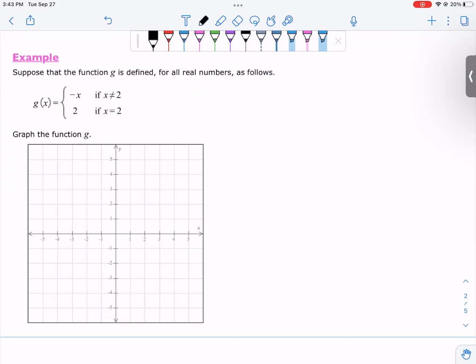Negative x has a y-intercept of 0 and a slope of -1. So it's going to go like that, right? This would be the line y equals negative x. But it says at 2, the value should be 2. So we don't look to it.